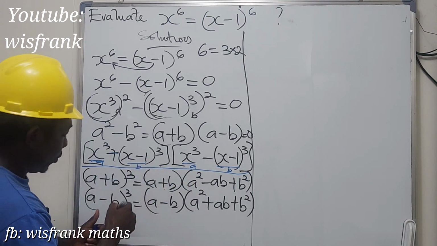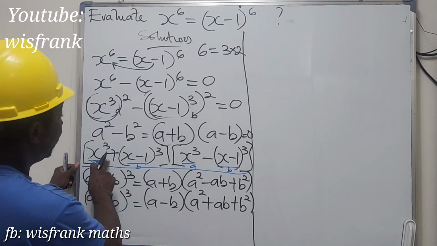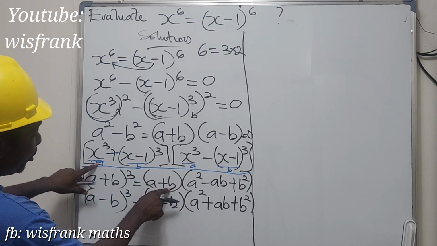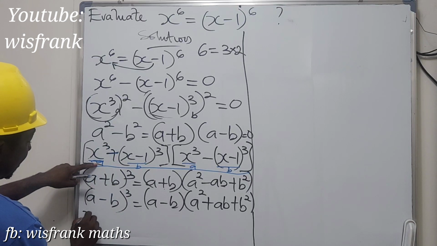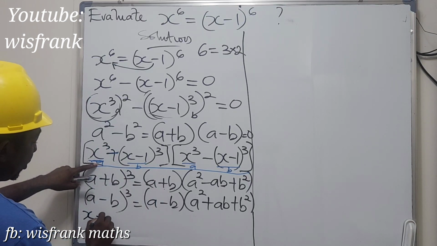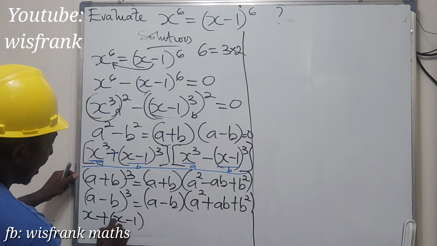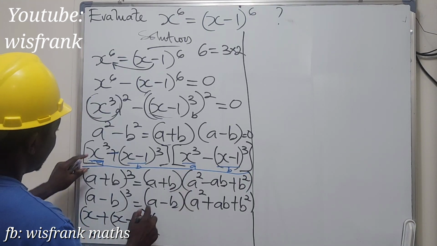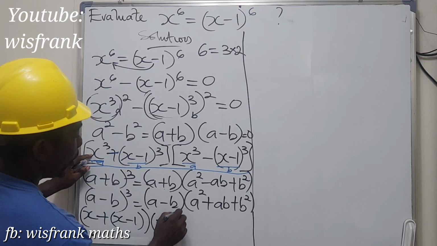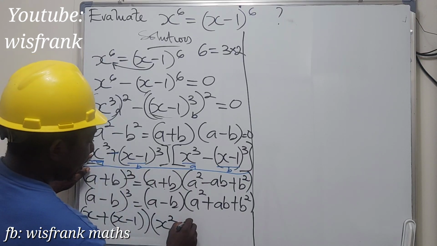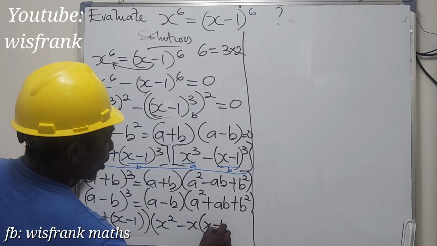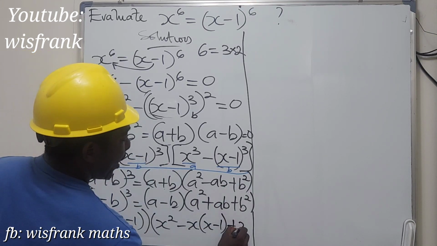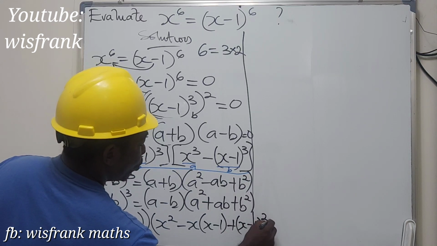So we first take the positive side, and here our a plus b is x plus x minus 1, which is our b. Then we have into a squared, our a squared is x squared, minus ab, which is x into x minus 1, then plus b squared, which is x minus 1 all squared.